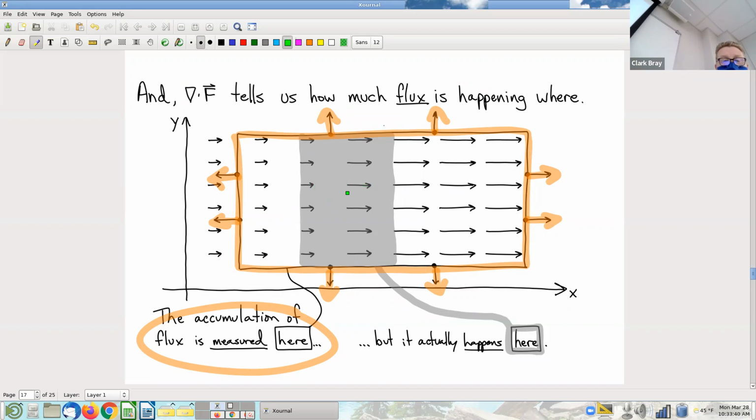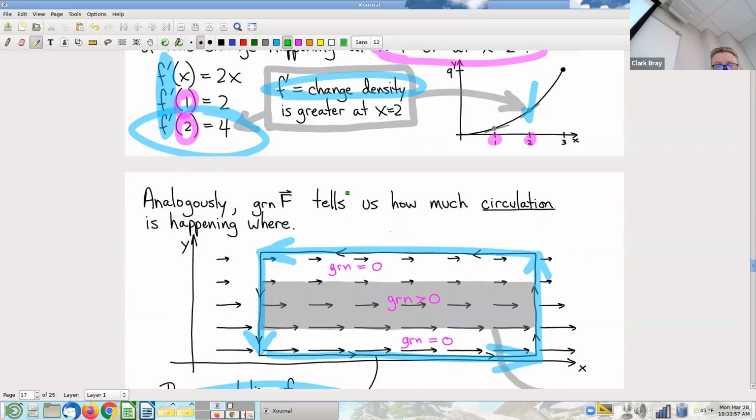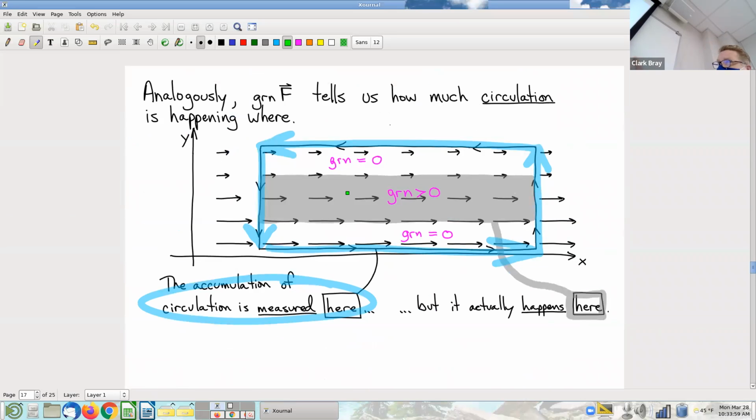and likewise everywhere in that gray region. So what's the algebraic tip-off as to where and how much? In the same way that the derivative, in its interpretation as change density, tells you where change is happening, Green's operator in its interpretation as circulation density is telling you where circulation is happening.